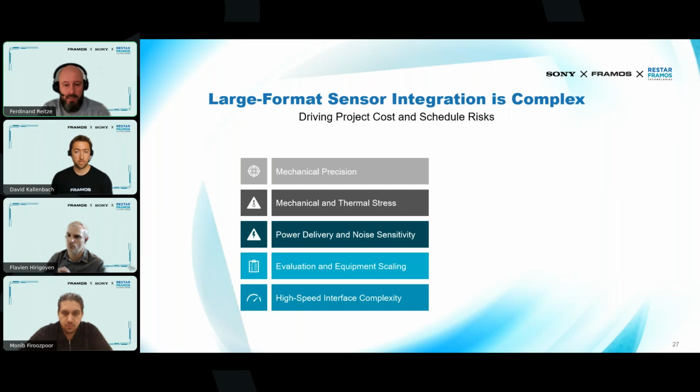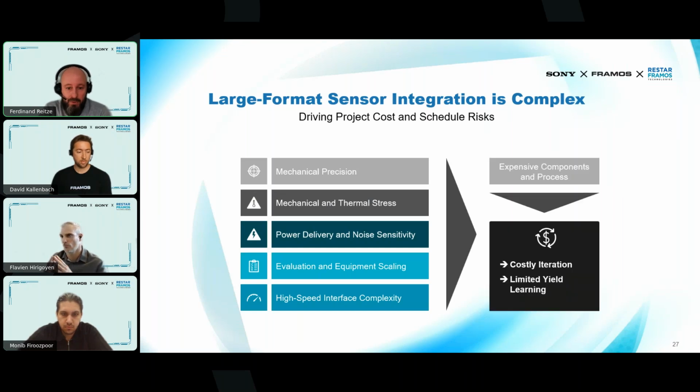And speaking of cost, let's look at some of the important aspects during the design phase. We supported as Framos many customers through integration and scale up, and we developed our own modules, giving us a deep experience in the three key areas when working with large format sensors, which is electrical engineering, manufacturability, and firmware development. And across all these areas, sensor size is a main driver of complexity. So mechanical precision, for example, tilt or rotational errors scale with sensor size, meaning a small error results in a bigger absolute shift of a corner pixel.